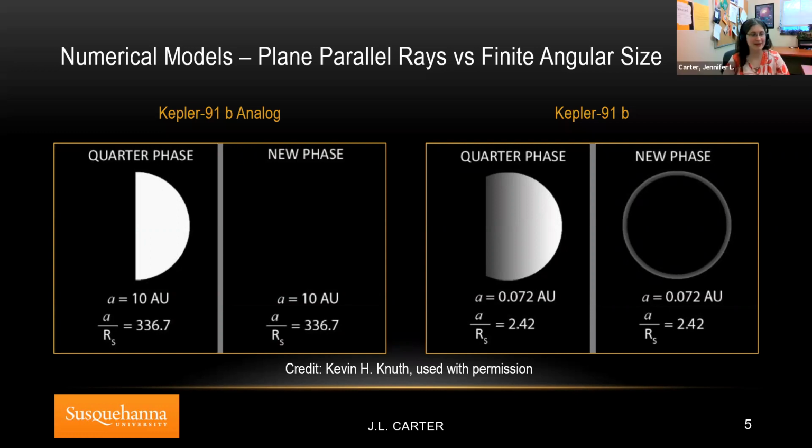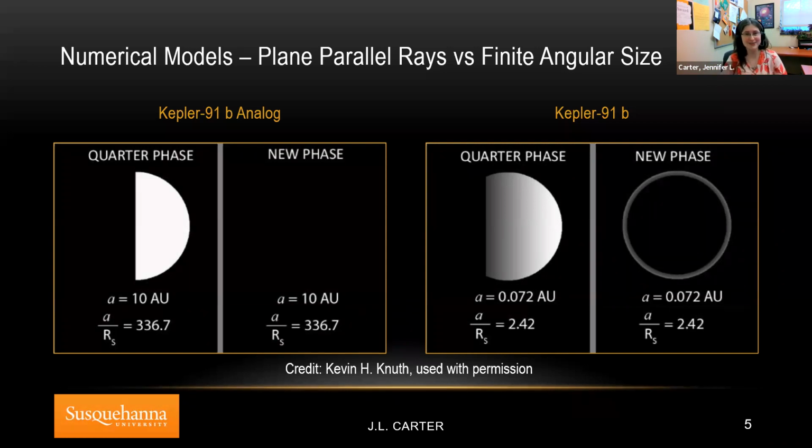That is something that I did think about when putting my thesis together. It's like we're getting extra light that we are not properly accounting for. This is going to reduce the depth of the eclipse and therefore our estimated size of the radius of the planet.